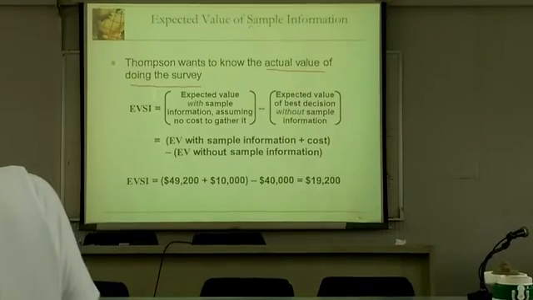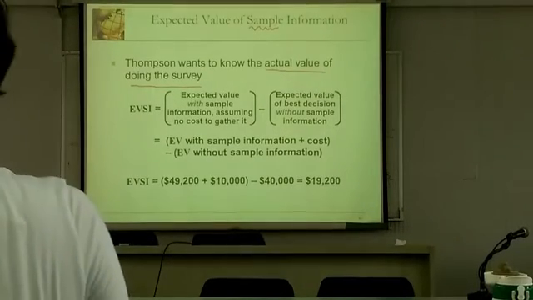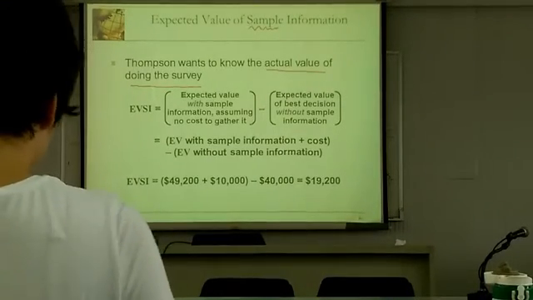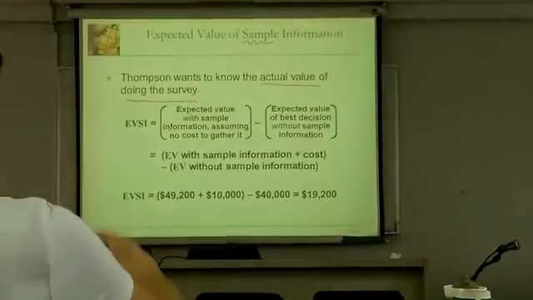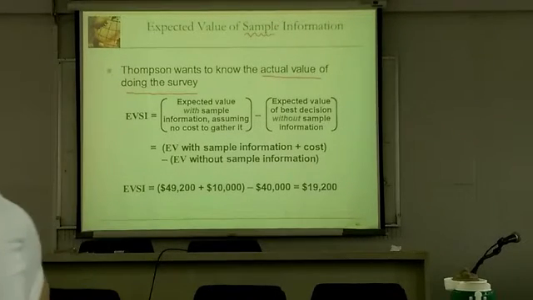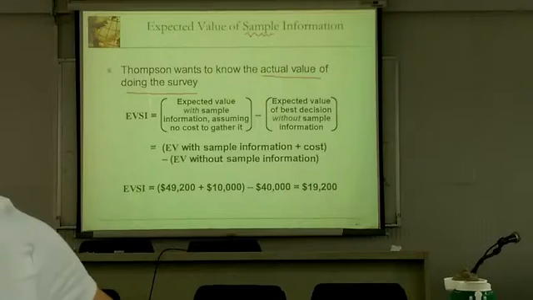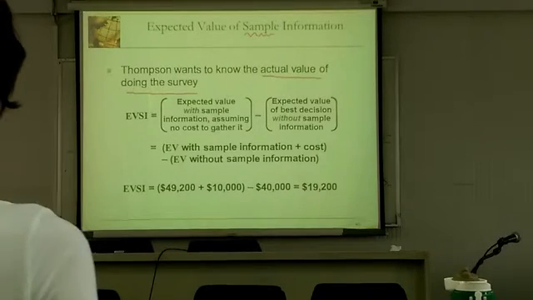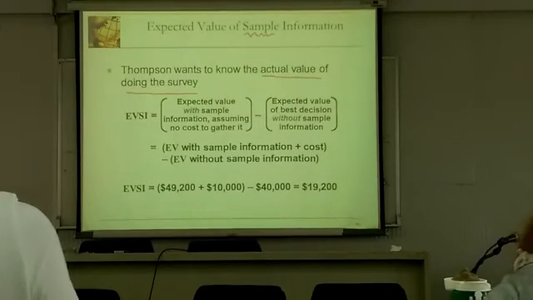We just change it from perfect to sample information. It follows pretty much the same concept. So this is the actual value of doing the survey. So EVSI will be equal to expected value with sample information, assuming that you don't have to pay anything, subtract the expected value of best decision without sample information.